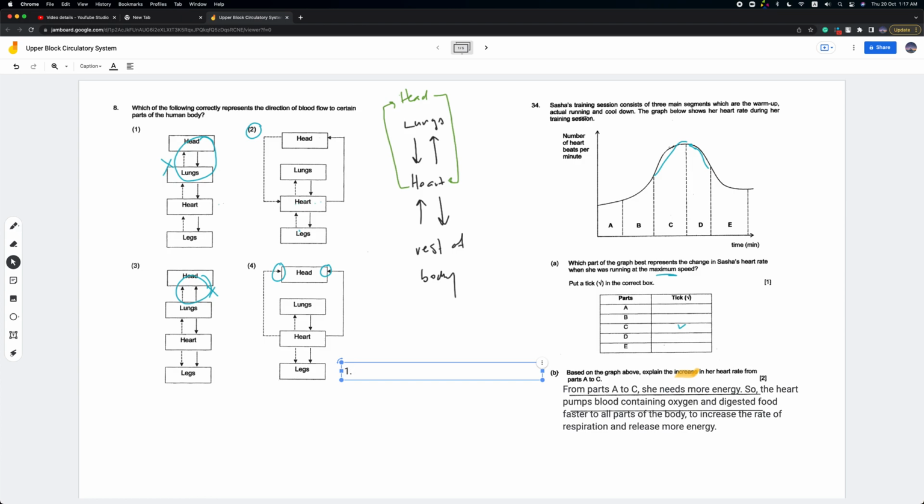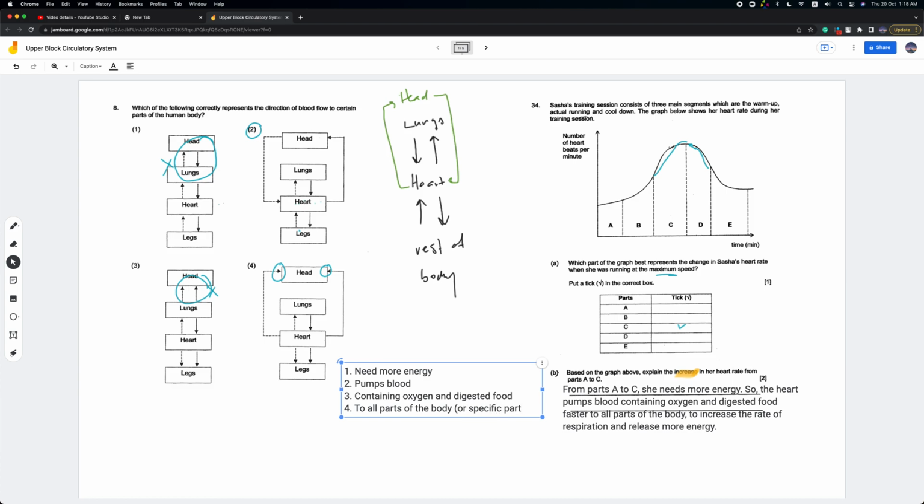So number one, you must say need more energy. Then you need to say pumps blood. Do not say more blood again. Pumps blood. And what does the blood contain? Containing oxygen and digested food. Number 4, you must say to all parts of the body or specific part, depending on the question.